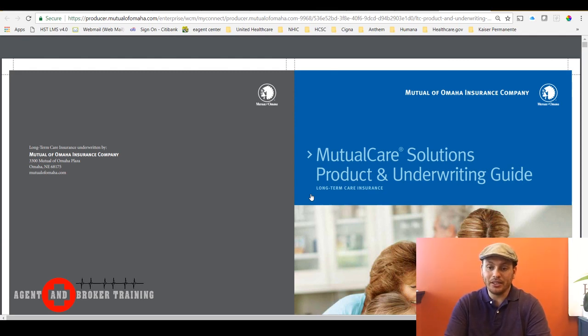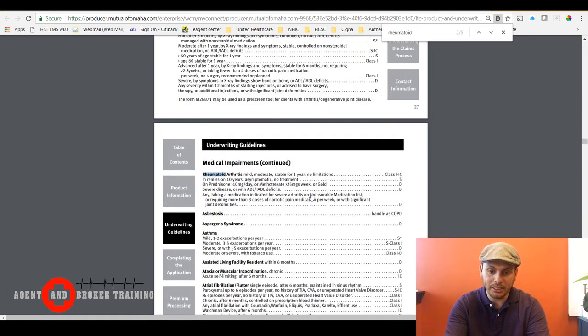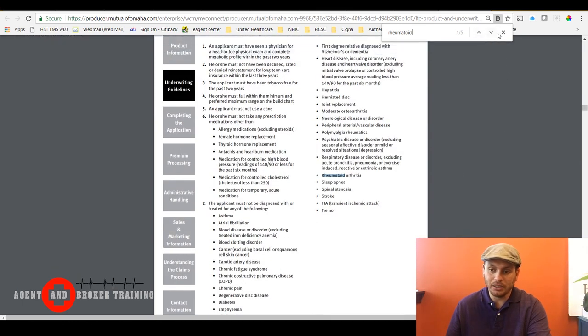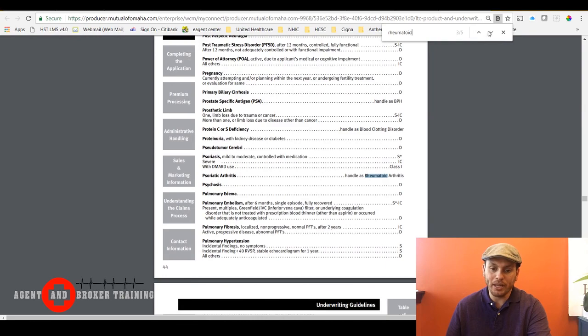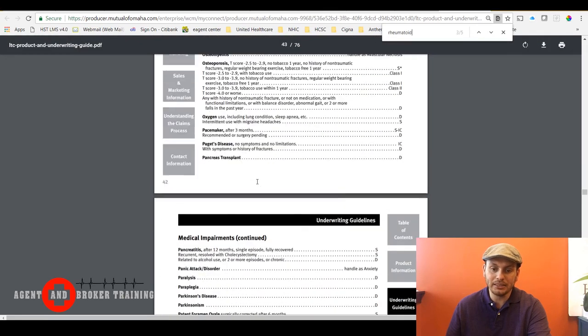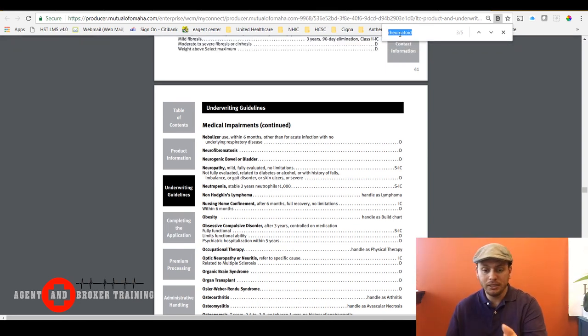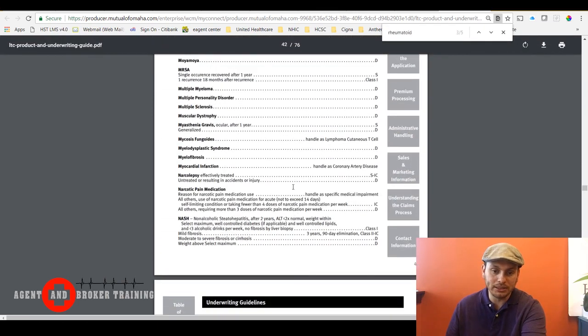If they know the name of their diagnosis, because you can easily come into this underwriting guideline and put rheumatoid arthritis and see if it's like a declinable condition, right? Anything, fibromyalgia, all this stuff, anything you're going to need to know, you're going to plug it into here. If the client tells you, listen, I got this disease, make sure you get the correct spelling, just control find it and see what it's all about.